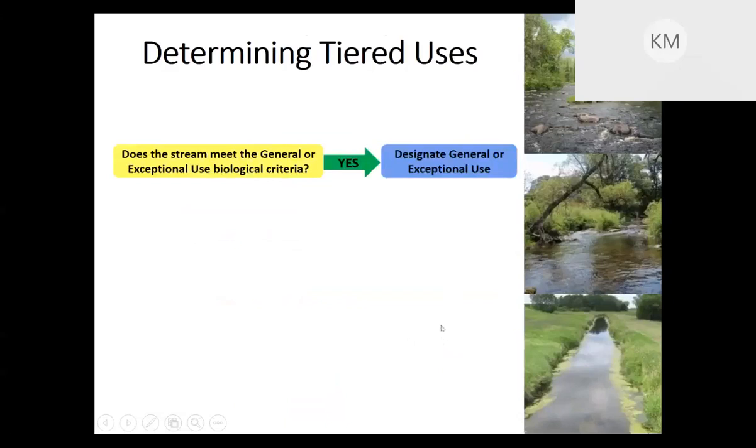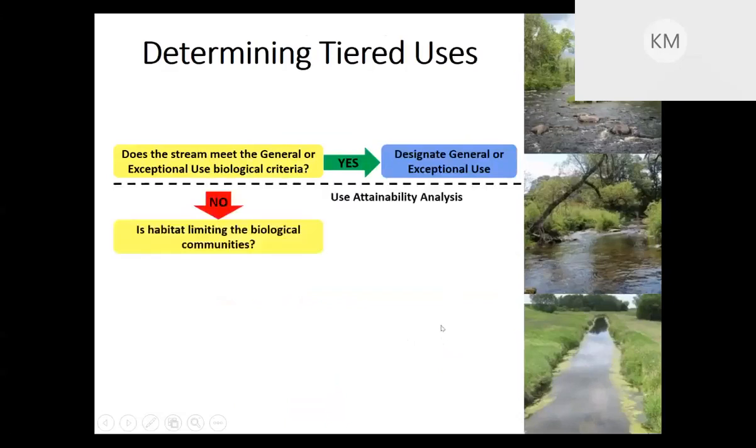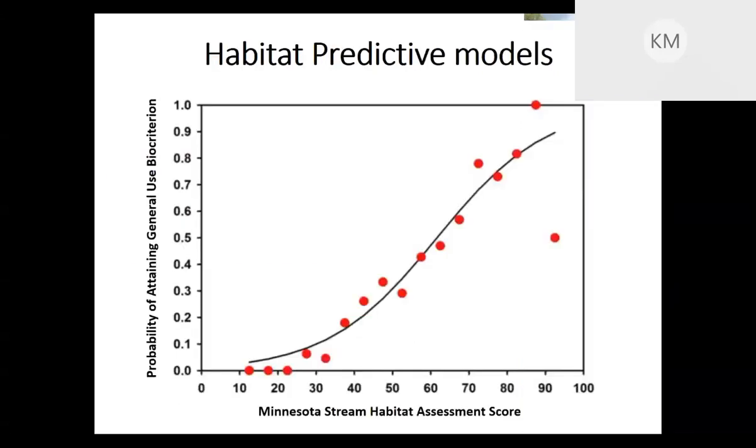However, if we determine that the general use is not met for one of those assemblages, that triggers a use attainability analysis. The first thing we're going to ask as part of that UAA is whether or not the habitat is limiting those biological communities, and that determination is based on habitat data that we collect at the time of fish and macroinvertebrate sampling. We have a series of logistic regression models that look at the probability of meeting that general use biocriterion based on habitat conditions.